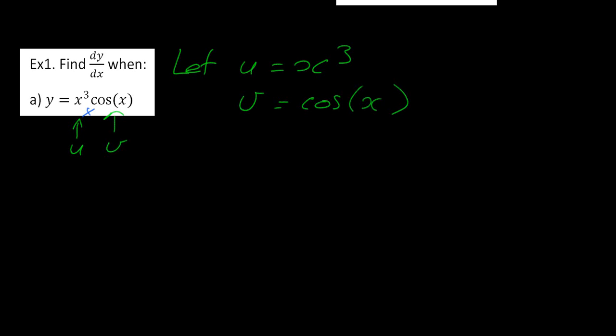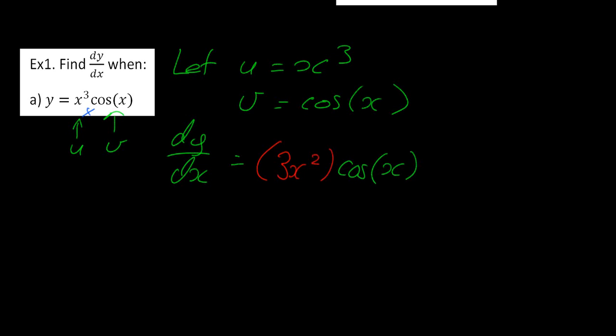Okay, and from here we're going to say that dy dx is going to be the derivative of x cubed. So I'll just write the derivatives in a different color. So derivative of x cubed is 3x squared multiplied by cosine x.